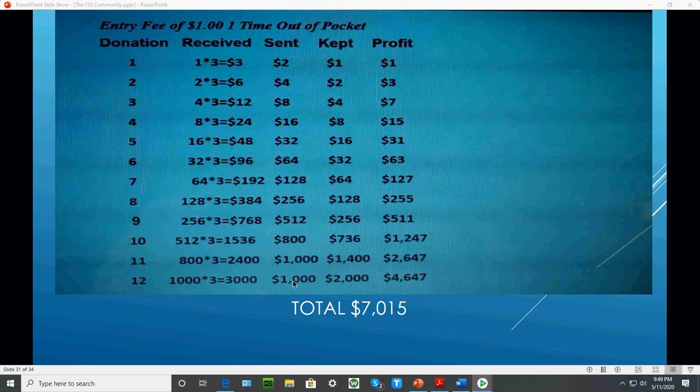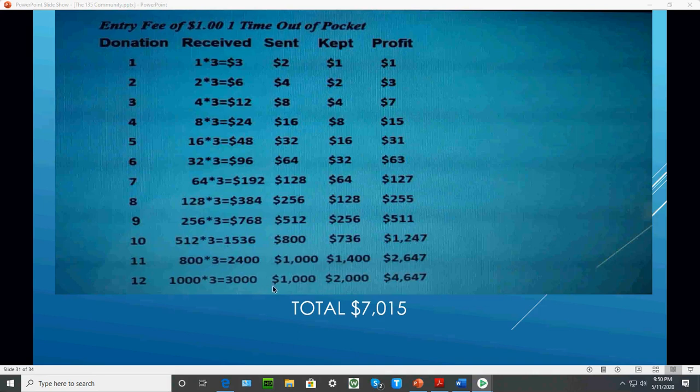You're going to take $1,000 and you're going to donate that to your inviter. You're going to keep $2,000 for yourself. That's $4,647 that you've accumulated in a $1 process. Unbelievable. This is compounding at its finest, taking you up to $7,015 to this point in 6 weeks. I hope y'all recognizing this.